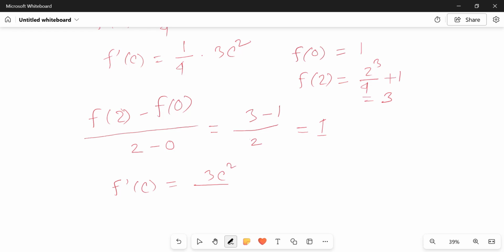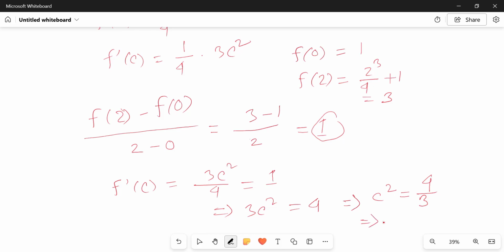Now we apply the mean value theorem, so f prime of c equals 3c squared by 4 equals this value, which is 1. Now we solve this, we get 3c squared equals 4, c squared is equal to 4 divided by 3.